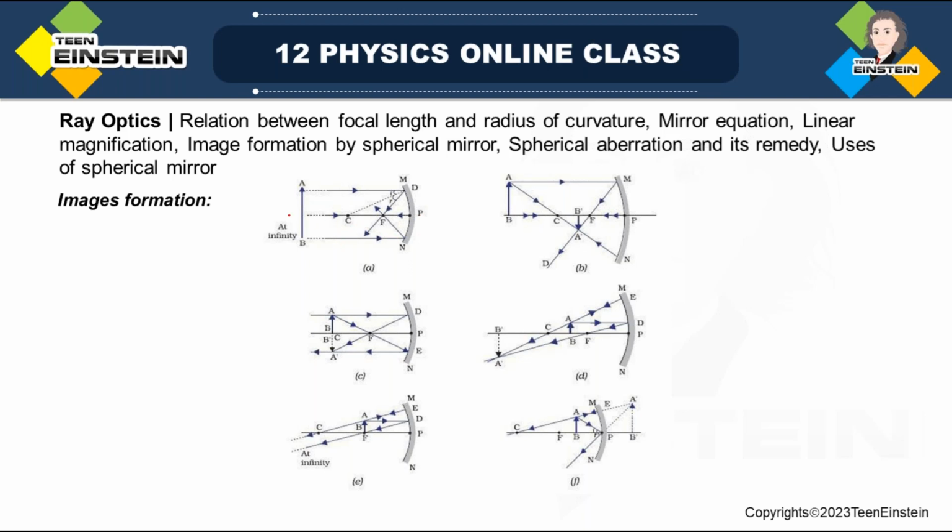So suppose there is an object in figure A. There is an object which is very far. Look at this: these are parallel rays, obviously, but there are dots, which means the object AB is shown here, but it is actually at infinity, which is not seen by naked eyes.